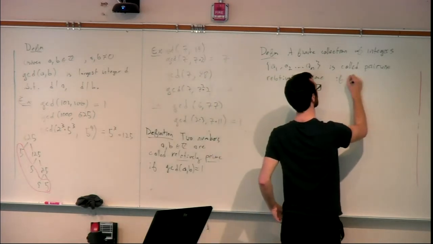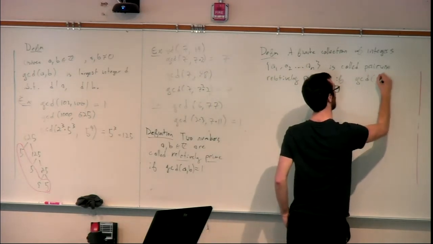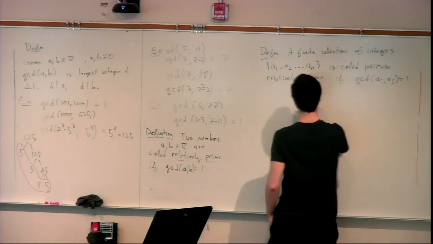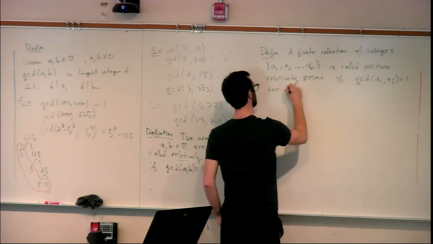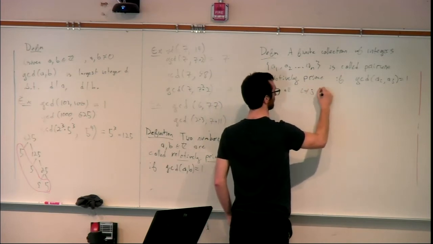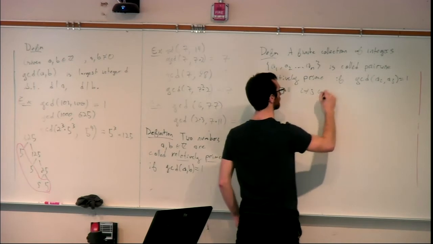That is, if the GCD of AI, AJ is equal to 1 for all I not equal to J in 1 through N.